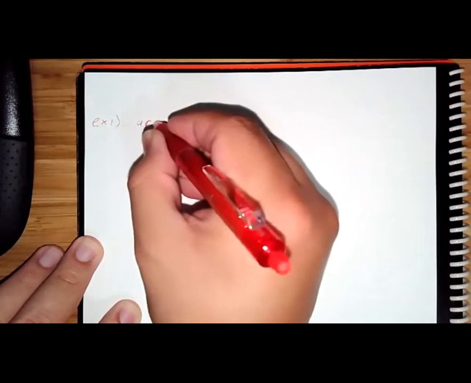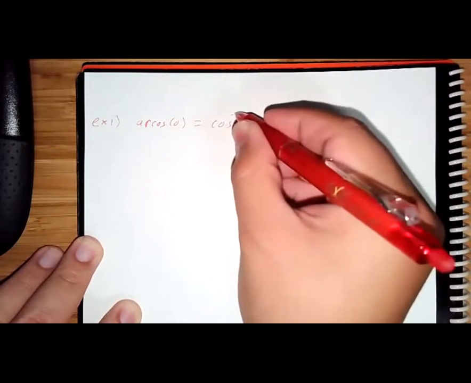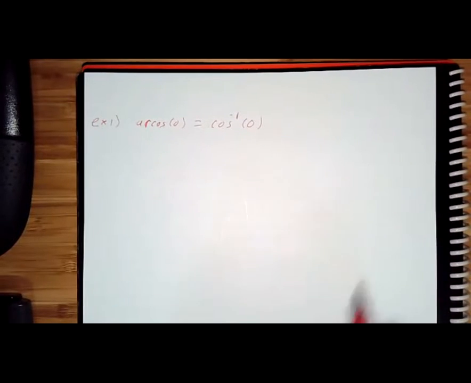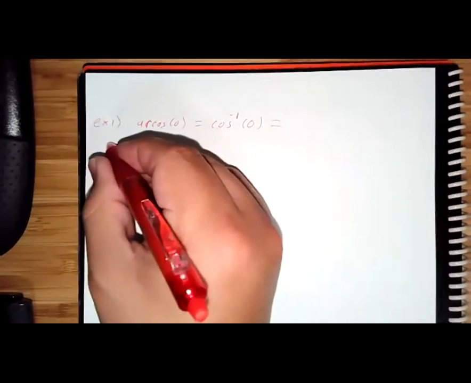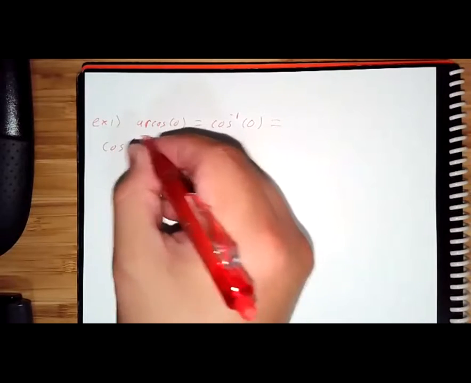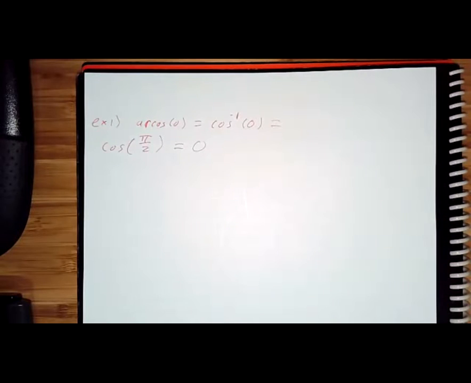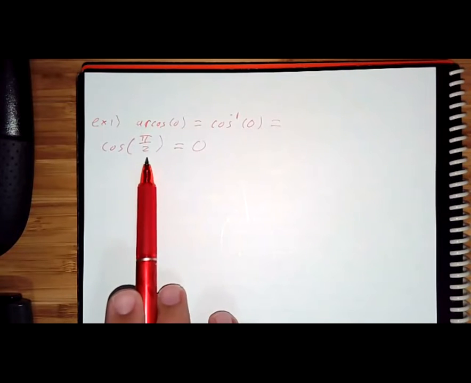Arc cosine of 0, or if you prefer, cosine inverse of 0. That's the question they're asking us right now. We should understand that cosine of pi/2 is equal to 0, right? You agree with that? That's because cosine is 0 at the 90 degree angle, that's pi/2.